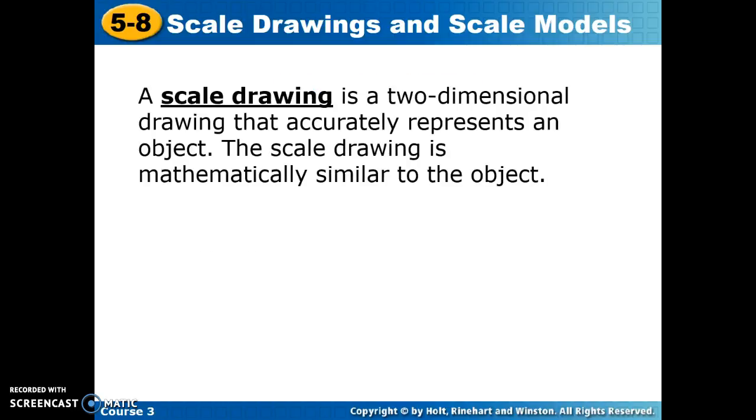Starting out, a scale drawing is a two-dimensional drawing. So it's flat, it's on a picture that accurately represents an object. The scale drawing is mathematically similar to the object. So we're using this word similar a lot in this chapter. Similar means proportional, which means we'll be setting up proportions again to use scale drawings.